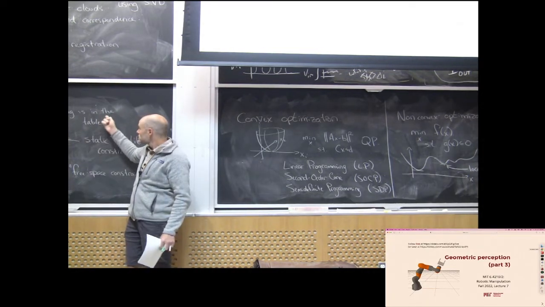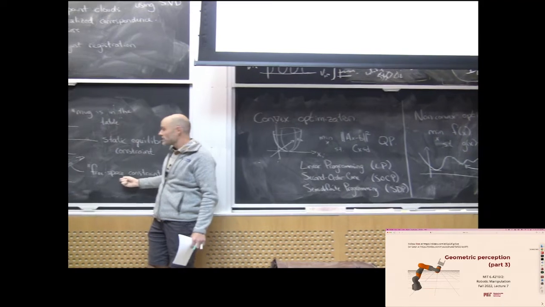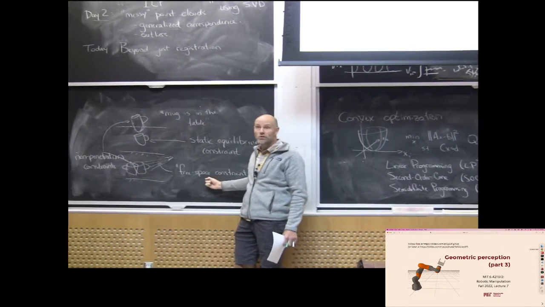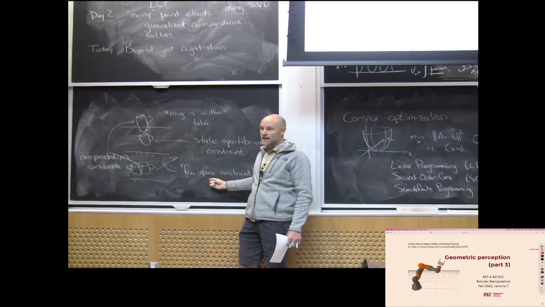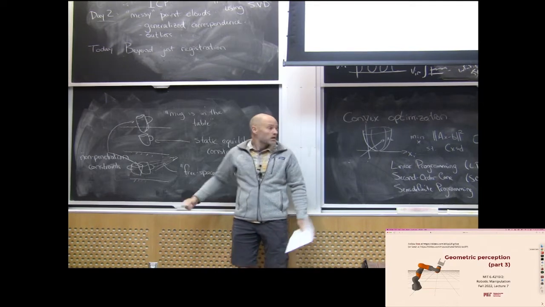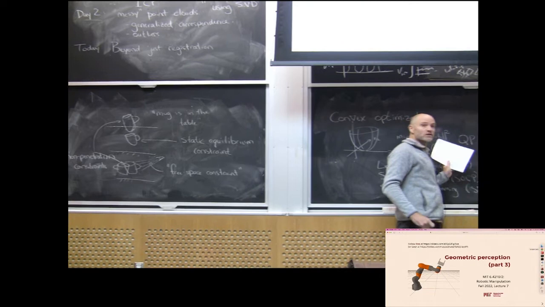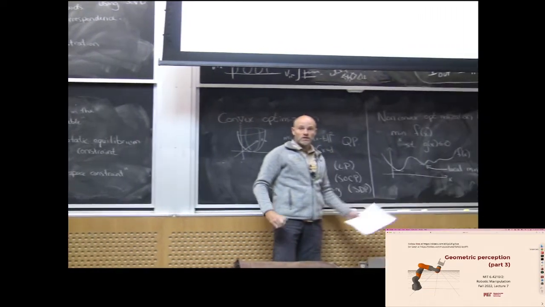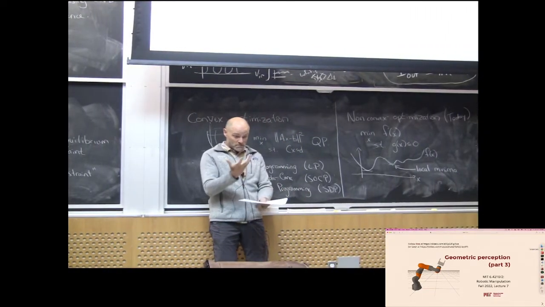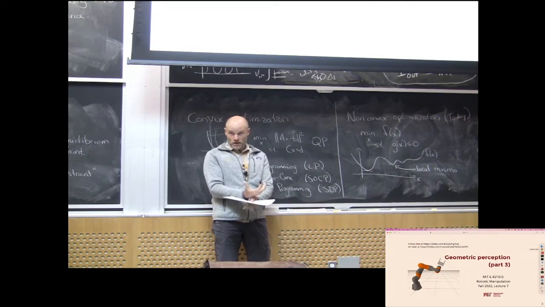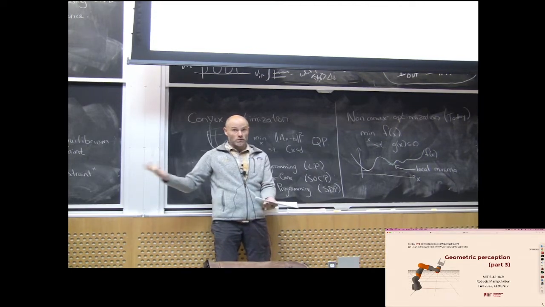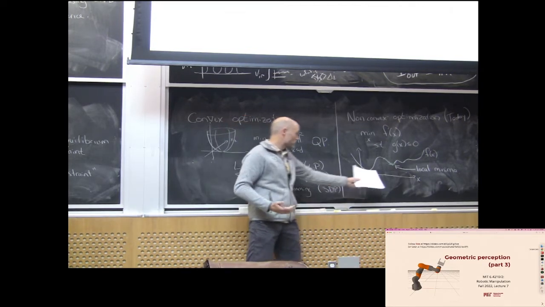When you start doing these other important things, which are obviously important to rule out non-sensible solutions, then we are almost always going to leave this picture and enter this picture. So you'll have perception systems that maybe don't stick the mug in the table, but they might not give you the best solution.